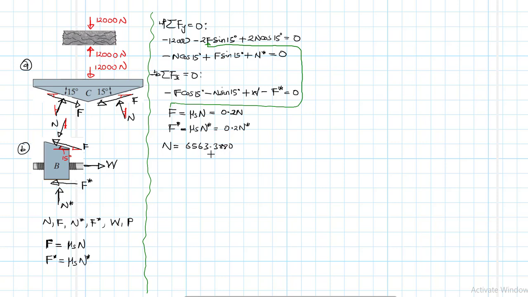6563.3880. So we found what N is, and since we know what N is, we can also replace this N here to find F. If we multiply this N by 0.2, we'll find that F is equal to 1312.6776.